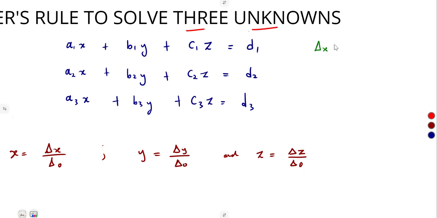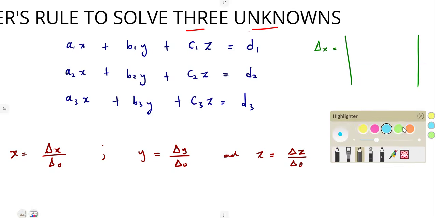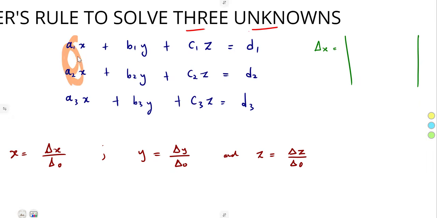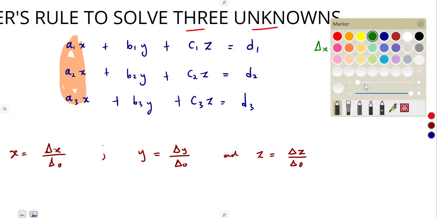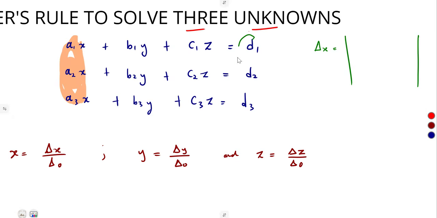But remembering that for x, you cover up, you close it, then replace with constants, as what we had when dealing with two. Only that this time they are now three. So you close the part of x, replace with the constants, d1, d2, d3. You replace them in place of x.